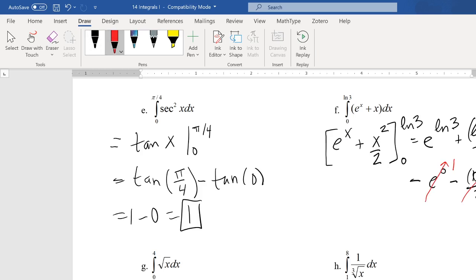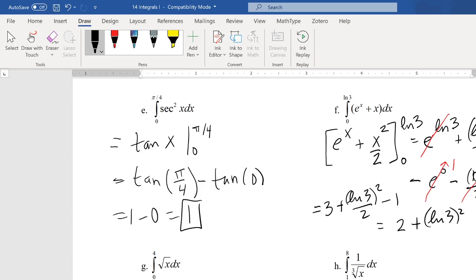And e and log cancel. So you have 3 plus natural log of 3 squared over 2 minus 1, or 2 plus natural log of 3 squared over 2. And no, you may not bring that 2 down and cancel it.